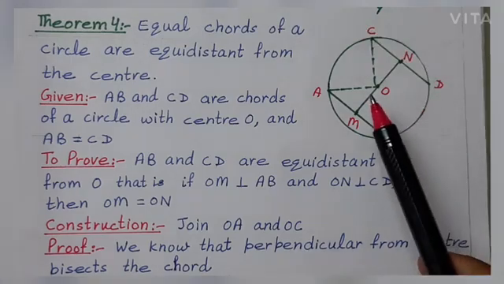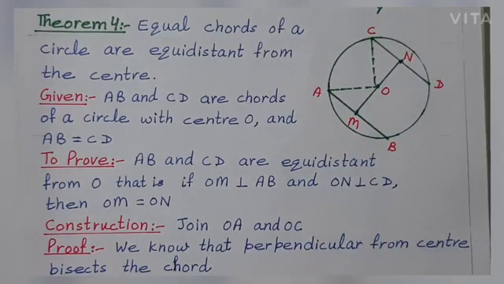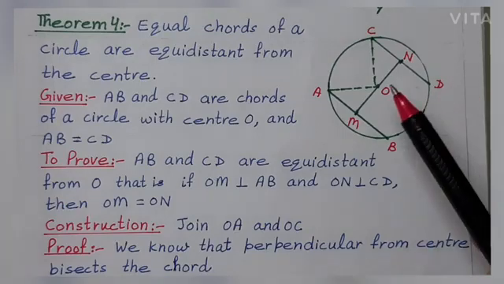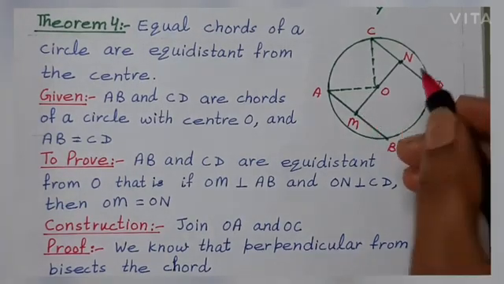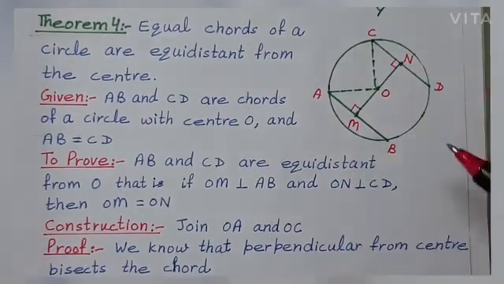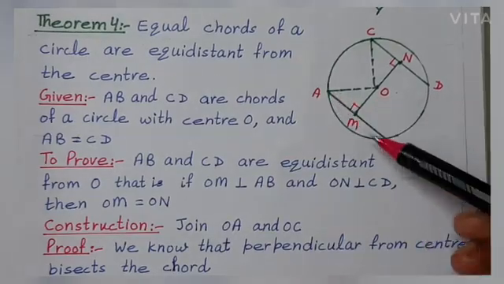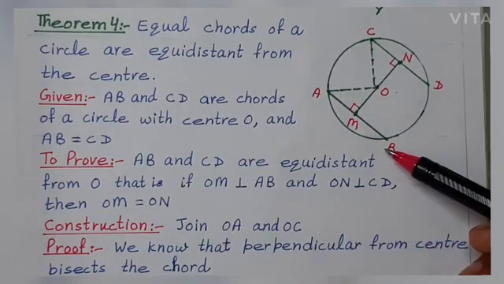Now, let us join OA and OC. Clear? Now students, we know that the perpendicular from the center bisects the chord into two equal parts. Clear?